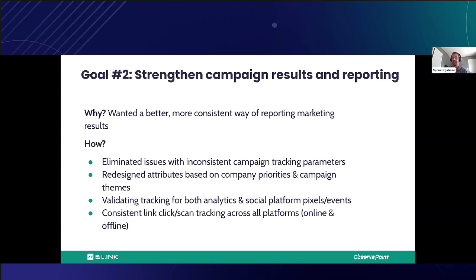Some examples of attributes that we added to our tracking parameters are: is this link for a prospecting or new customer or retention audience? What is the campaign theme for this link? What is the product category that we're leading this link to?